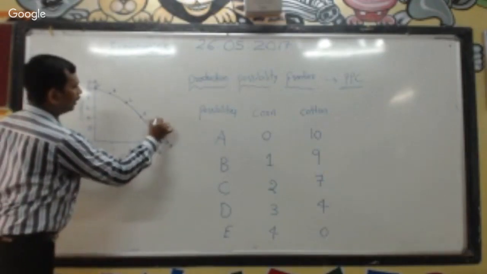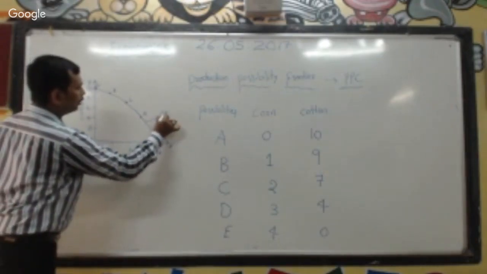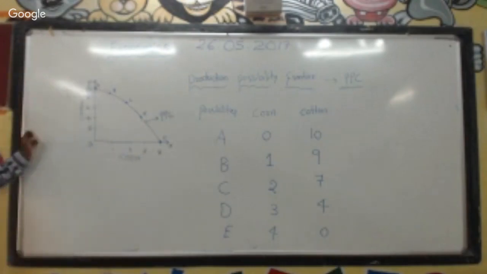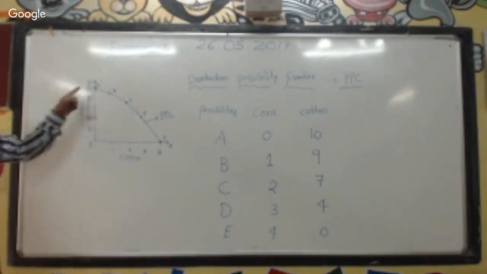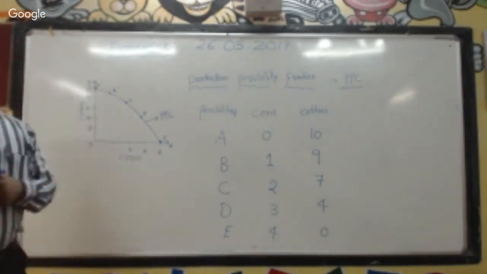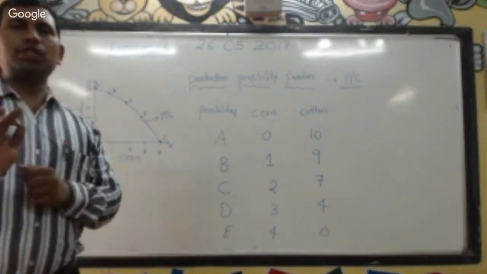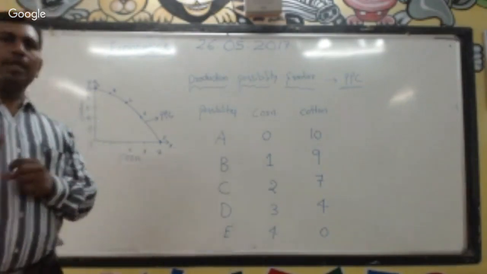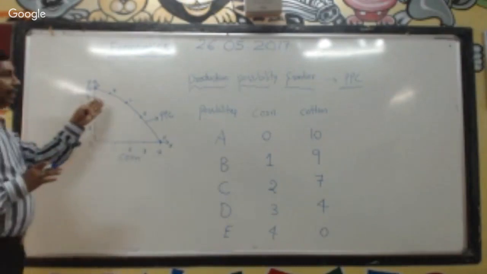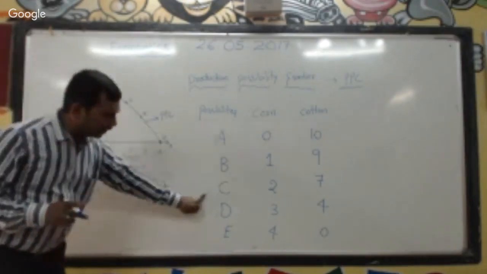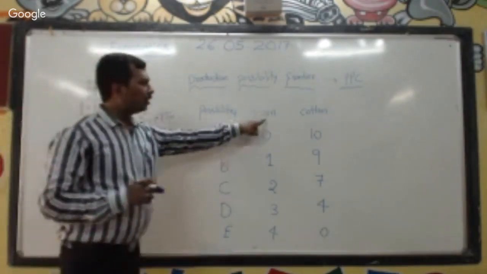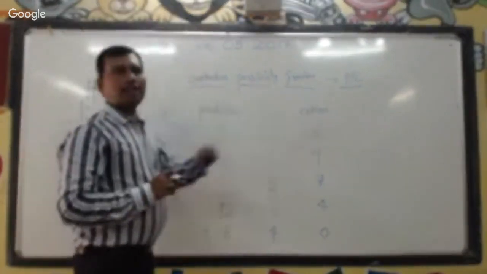This curve is known as the production possibility curve, PPC. From A to E, the curve is known as PPC. In this curve, we are finding different combinations of corn and cotton production.